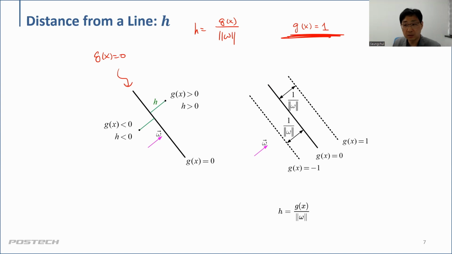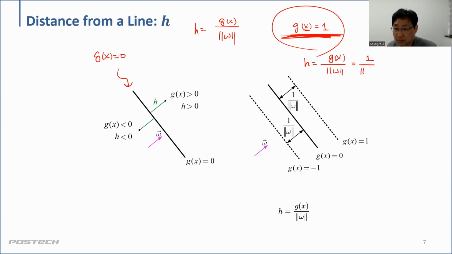If g of x is equal to 1, what will it be for all the data points that satisfy this constraint? If any x satisfies this, that means h is g of x divided by the norm of omega, which is 1 over the norm of omega. Any such x has distance 1 over the norm.